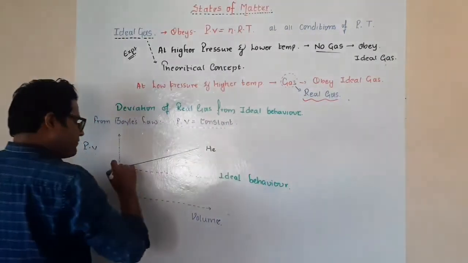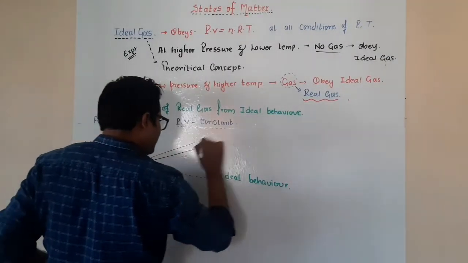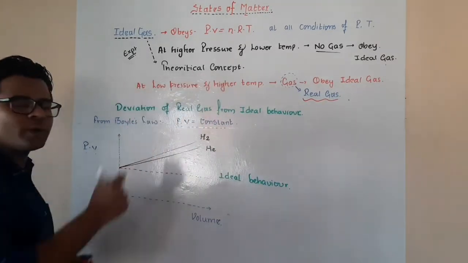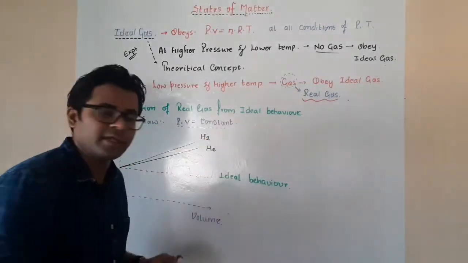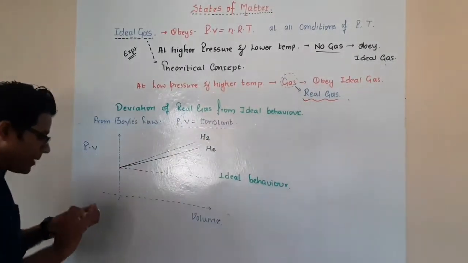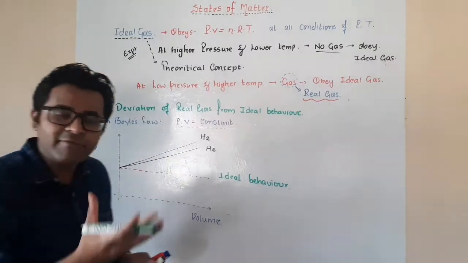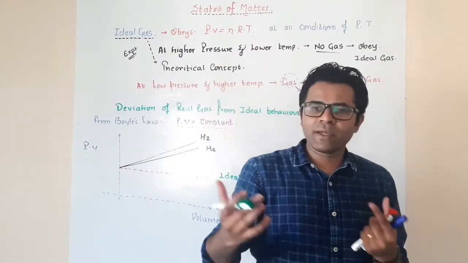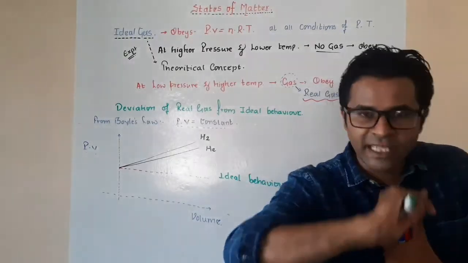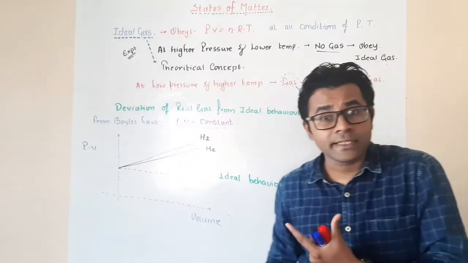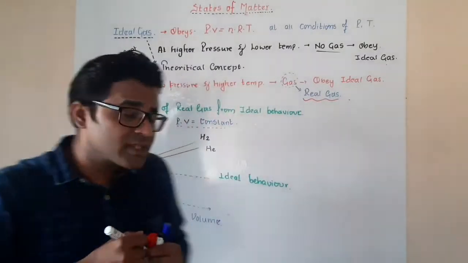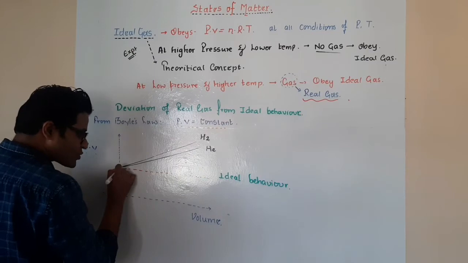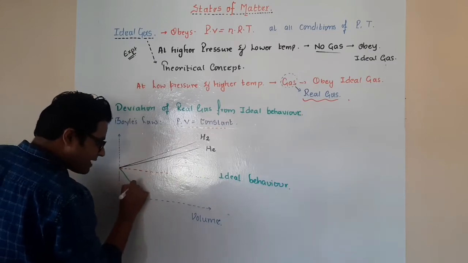If we plot a graph for gases like hydrogen, again it shows a positive deviation. Now, when we plot a graph for heavier molecular mass gases, such as methane and carbon dioxide, these gases first show a negative deviation.